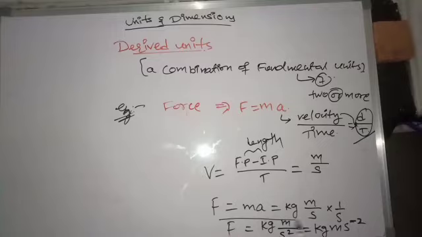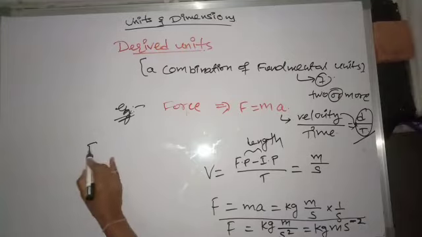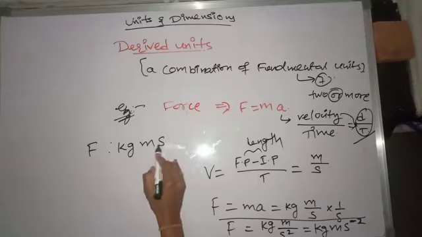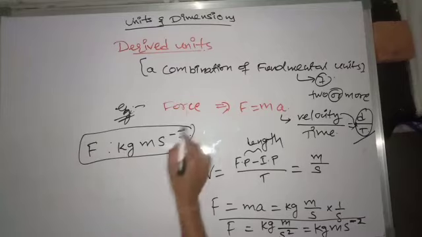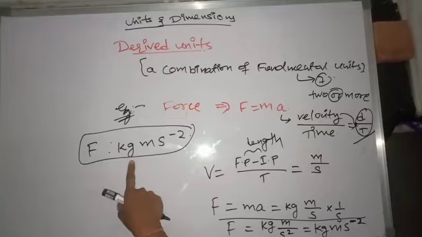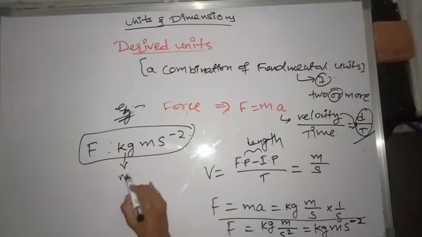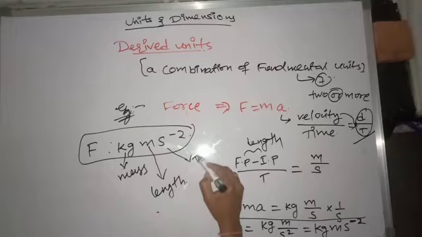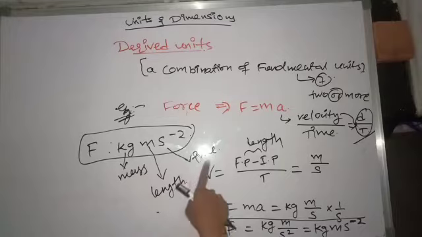I think it's not visible here, so I'm writing here: force units are kg meter per second square. Here we are combining the base quantities, base units. Kg is used for measuring mass, meter for measuring length and second for measuring time. Here we are combining mass, length and time.